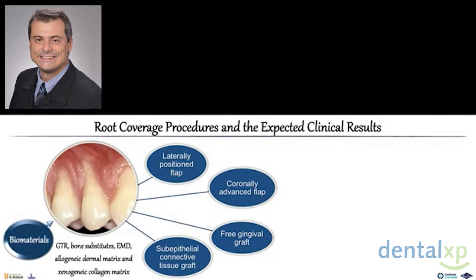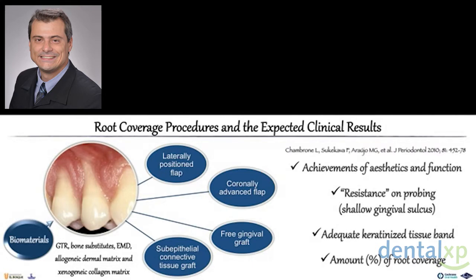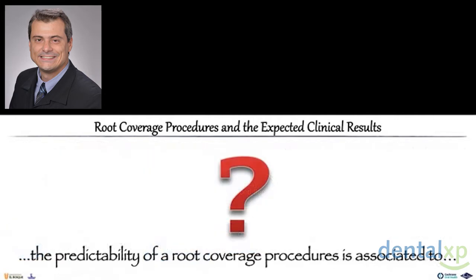It's important to comment that all of these procedures aim to improve the aesthetics and function, also to create a shallow gingival sulcus after the surgical procedure, to improve the keratinized tissue band, and also to achieve some root coverage.